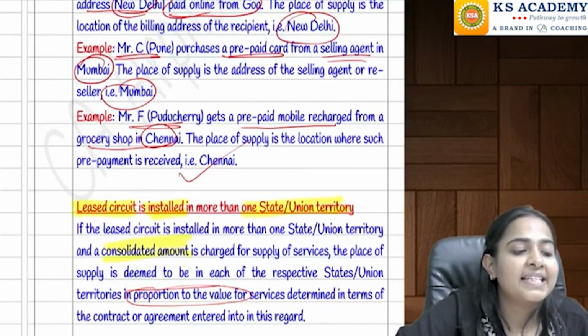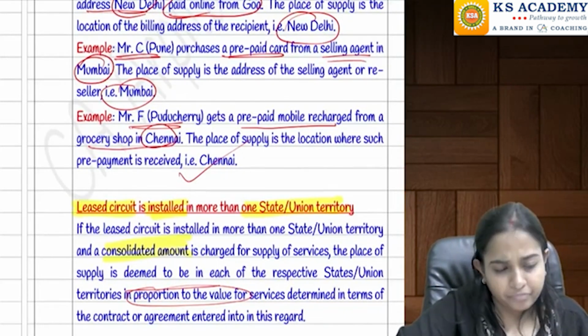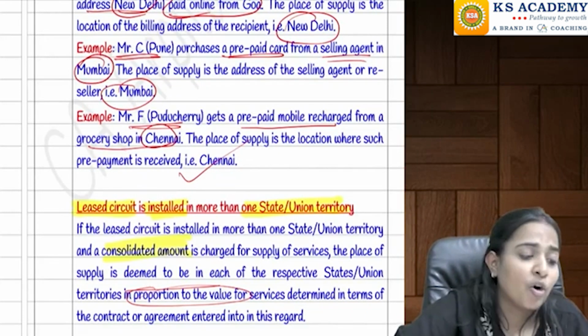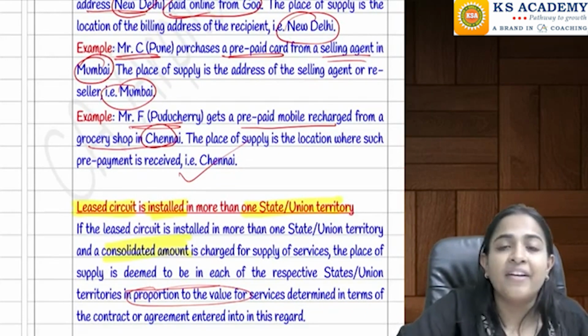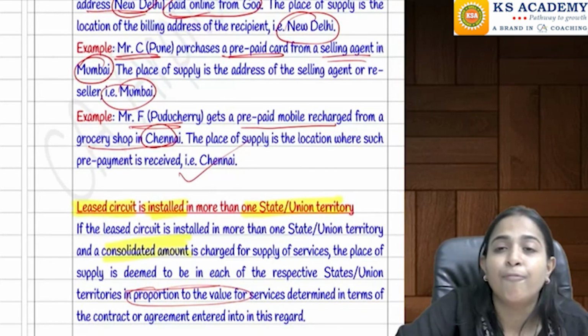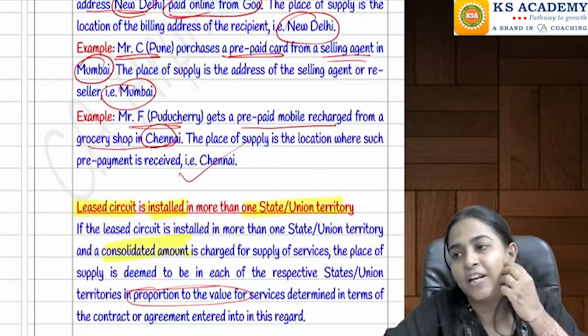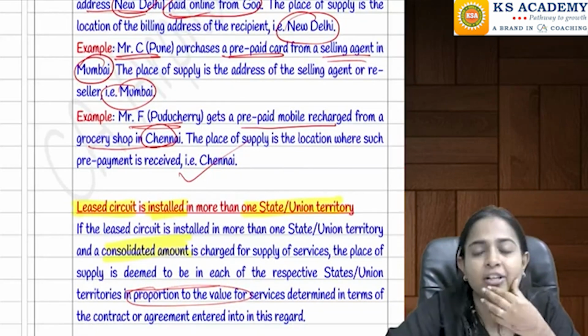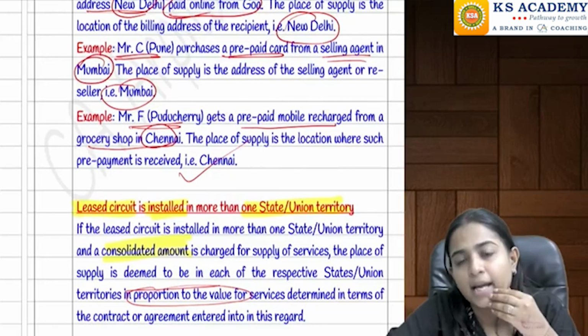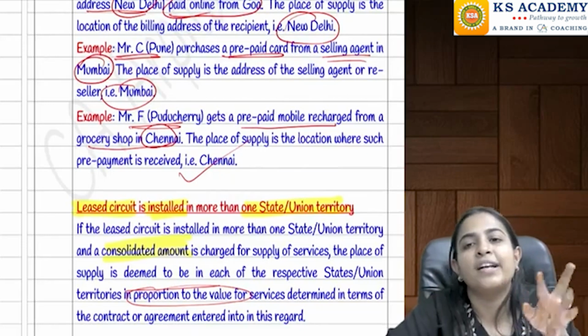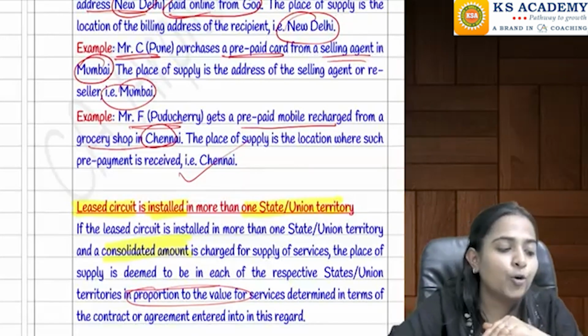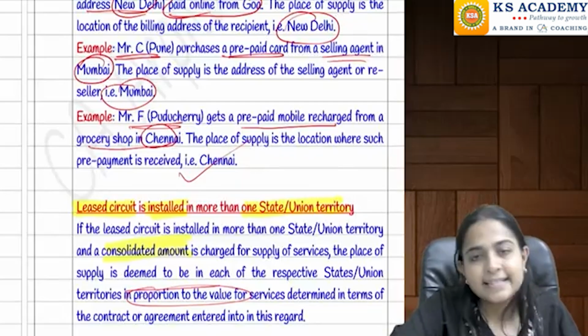If nothing is given in the contract or agreement, then it will be divided in the ratio of the number of points of circuit in a particular state or union territory. Let's say in Maharashtra there is 1 point, in Gujarat there is 1 point. So this will be divided in the ratio of 1:1 between Maharashtra and Gujarat. Are you understanding this? Yes.